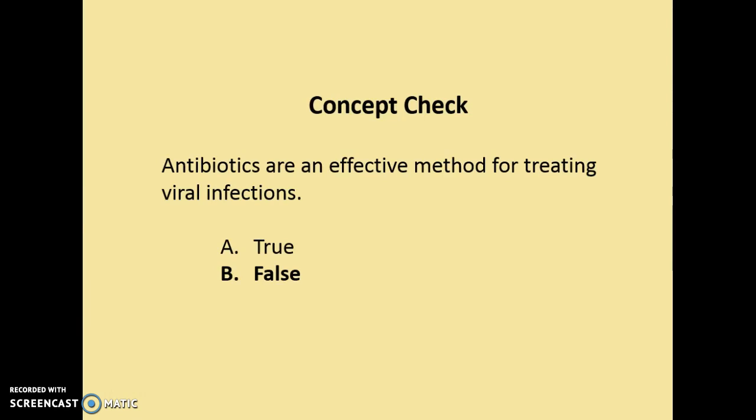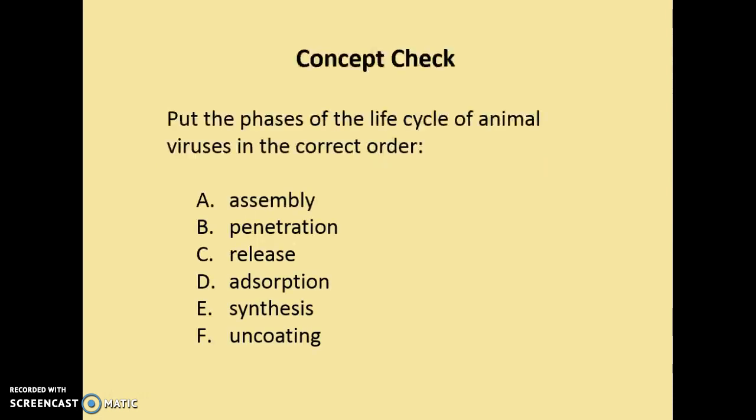Right? They are active, but not alive, and they don't have any metabolic processes that a medication or an antibiotic can target. There are medications that will be antiviral in nature, but those medications are not classified as antibiotics.